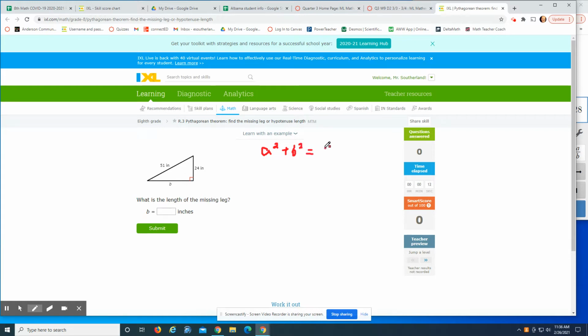And so the first thing we always want to do is realize that across from the right angle, that one is going to be C. And so if that one's B, then this one has to be A. So we plug in those numbers. 24 squared plus B squared, because we don't know what it is yet, is equal to 51 squared.